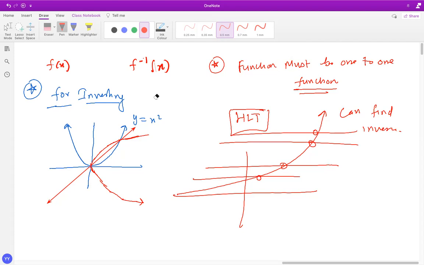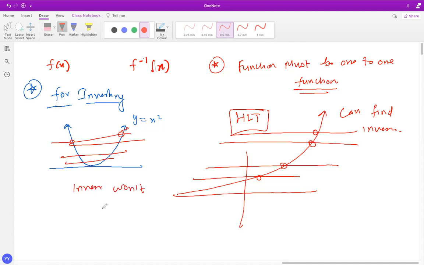Now, in a case like the one I've drawn here, when you draw a horizontal line, it does not pass the horizontal line test because it cuts at more than one point. In this case, the inverse won't exist for the natural domain. So what do we do in this case? If it doesn't exist, we restrict the domain. So we cut down part of the graph: we retain either the left of the vertex or the right side of the vertex.